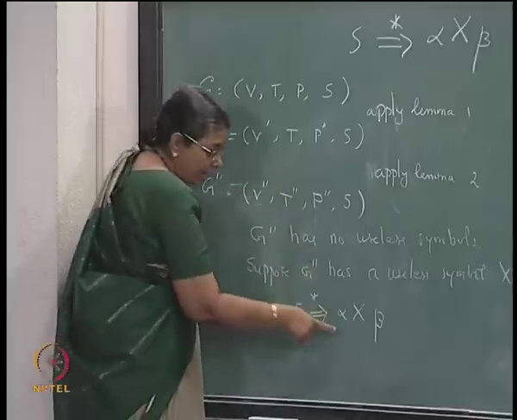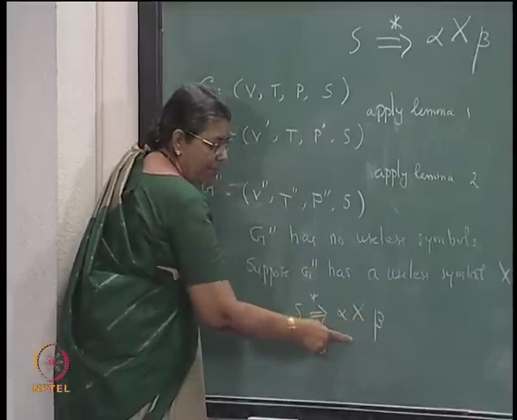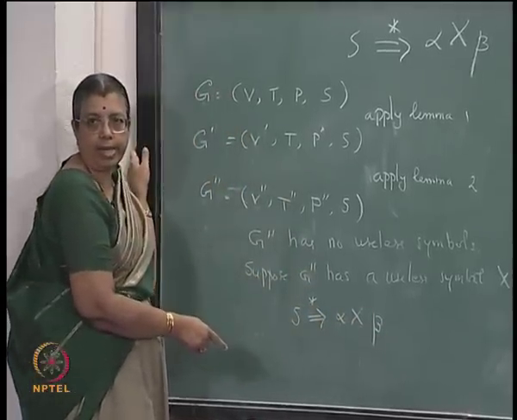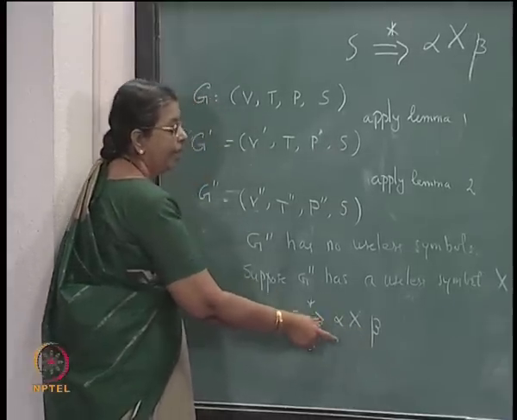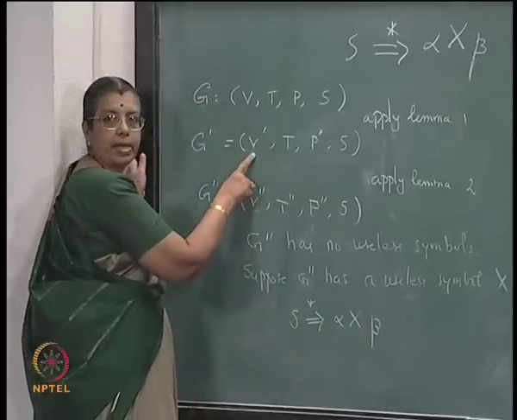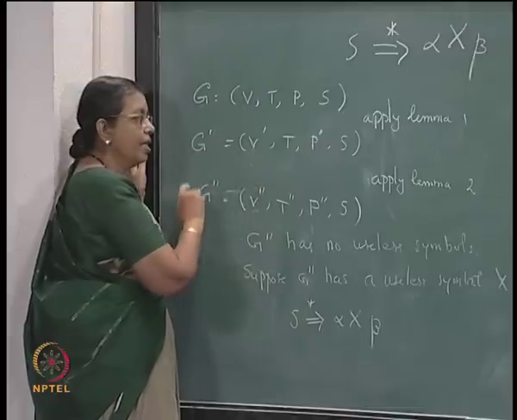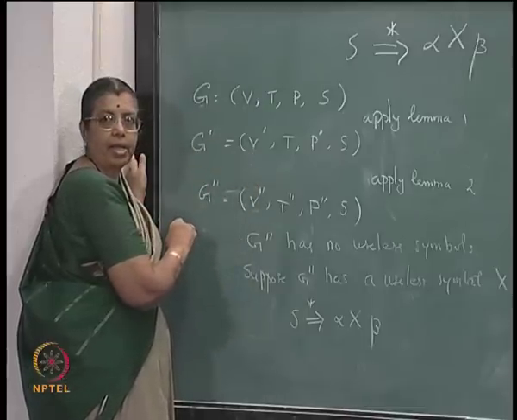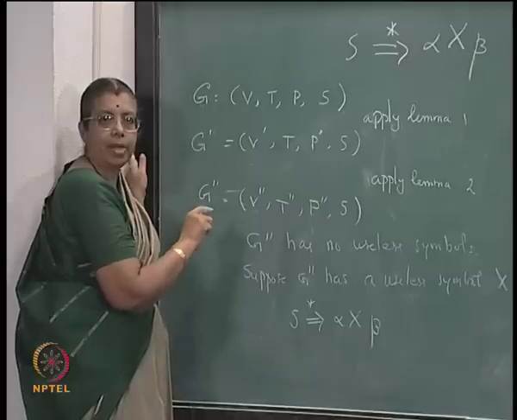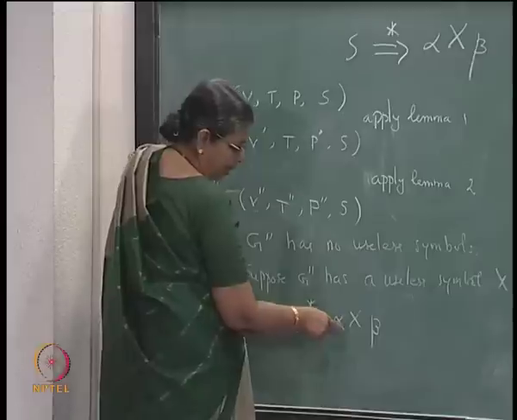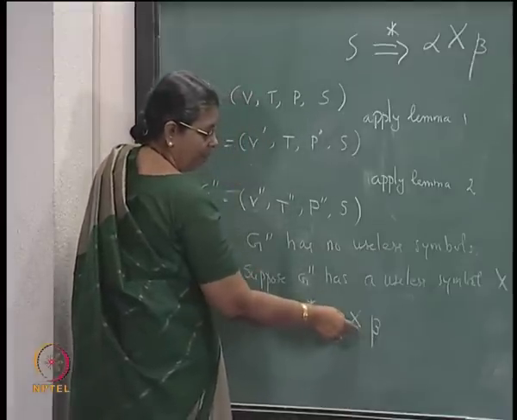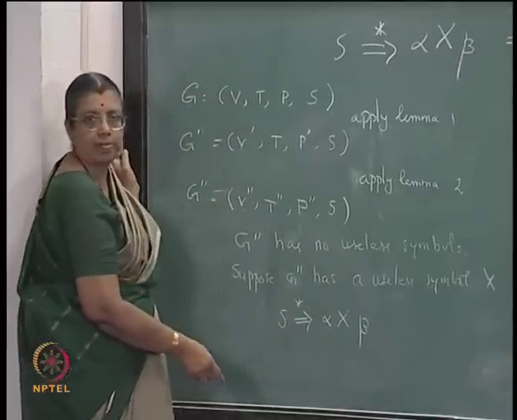So, here the symbols occurring will be from V2 dash and T2 dash only, right? So, whatever non-terminal is appearing here will be in V dash, and in G dash what is the property? Every non-terminal derives a terminal string. Okay. So, it should be possible to derive a terminal string from every one of these.